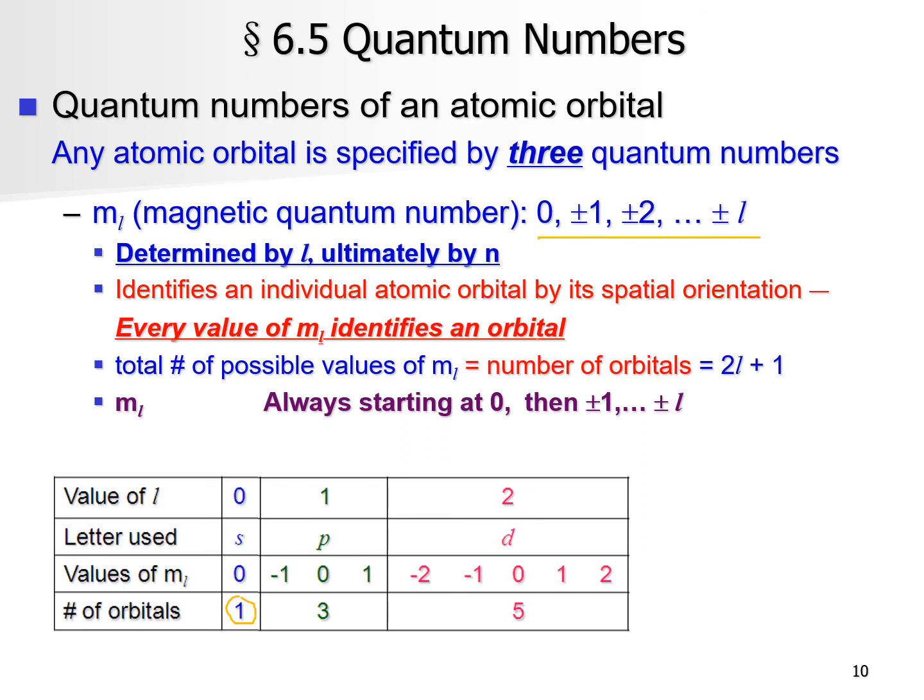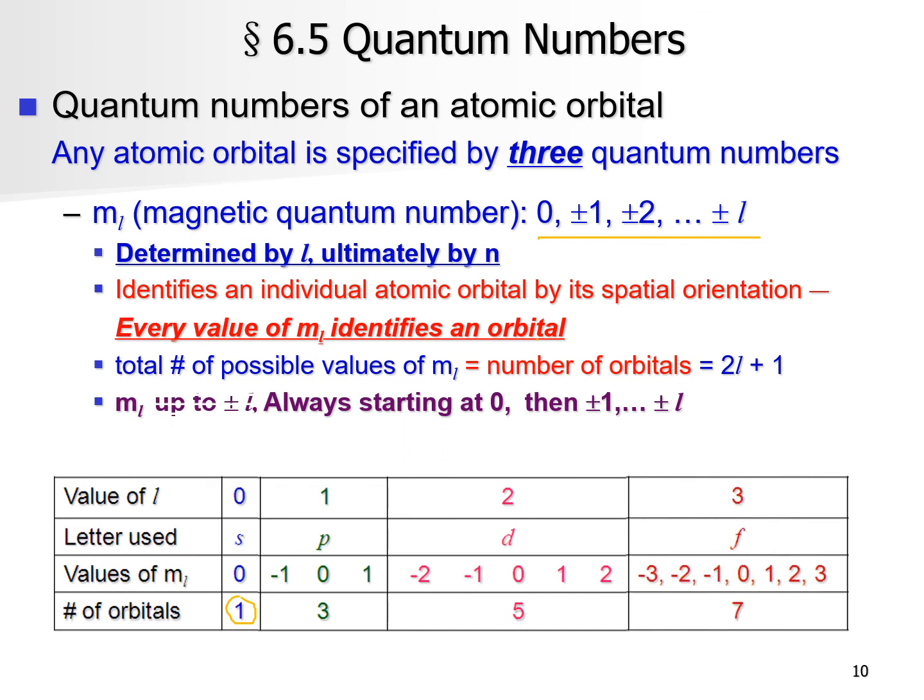So we say m sub l always starts at 0, then goes up as a pair: plus 1, minus 1, plus 2, minus 2, until it hits plus l and minus l. When we have l equals 3, there are going to be 7 orbitals, because there are 7 different values of m sub l.